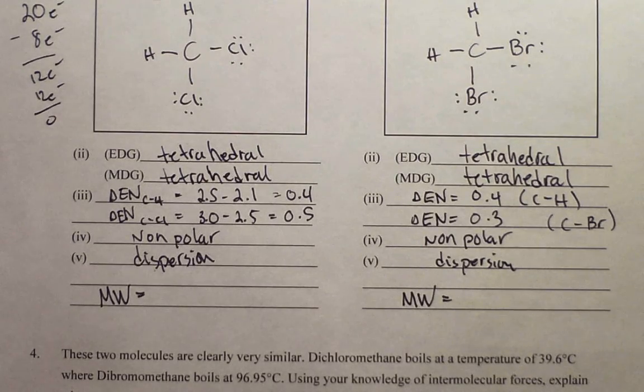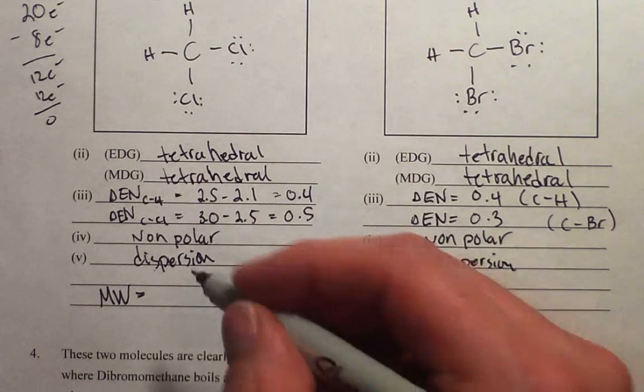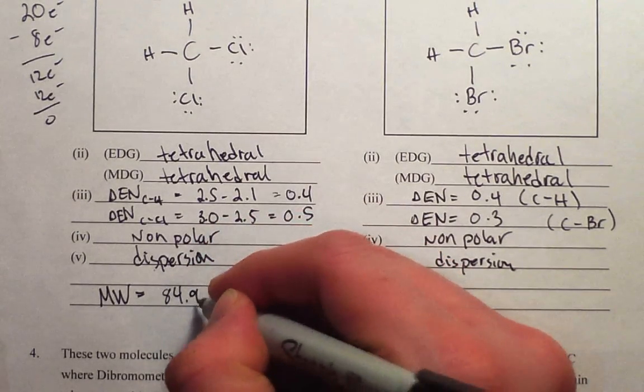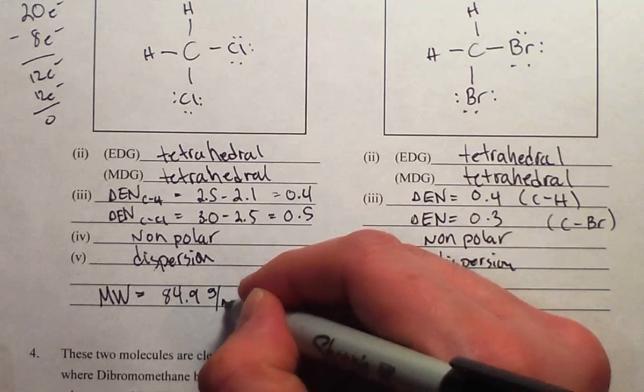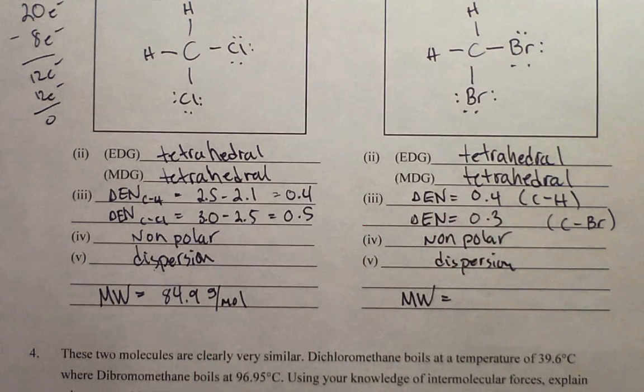So dichloromethane has a molecular weight of 84.9 grams per mole, thereabouts anyway.